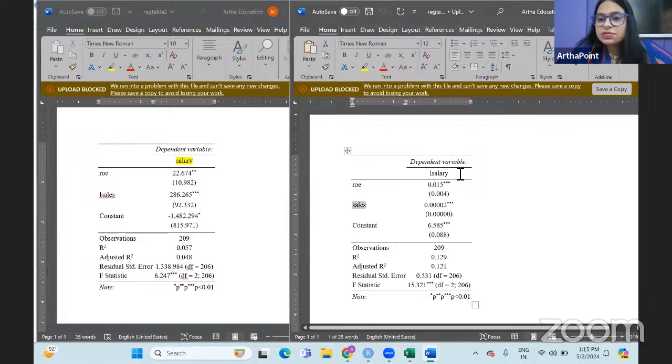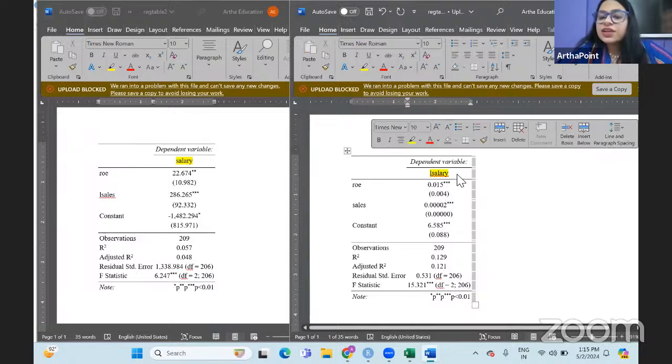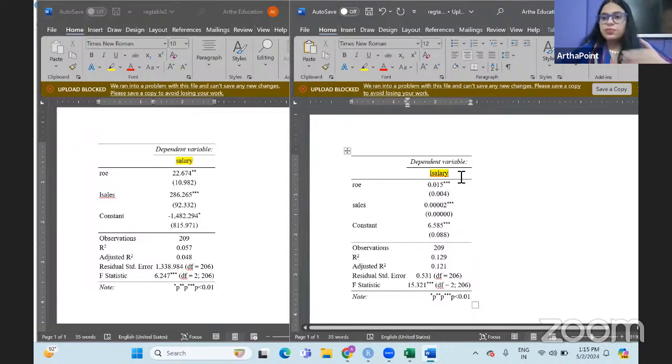And in regtable 3, your dependent variable, that means salary, it is coming in the log form, right? And when your dependent variable does not come in the same format, एक में it is in the log form and एक में it is in the linear form, you cannot compare the R square of the two models. The R square of the two models is non-comparable.